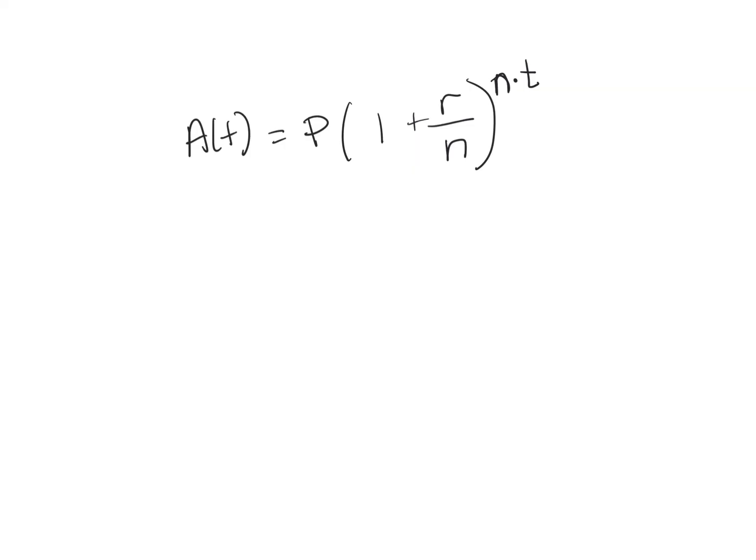So let's say I took out a $1,000 loan at a rate of 7% that compounded monthly for 5 years. So it's going to compound a total of 60 times. That's why that's 60 up there.